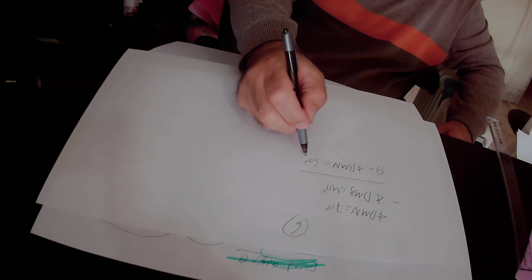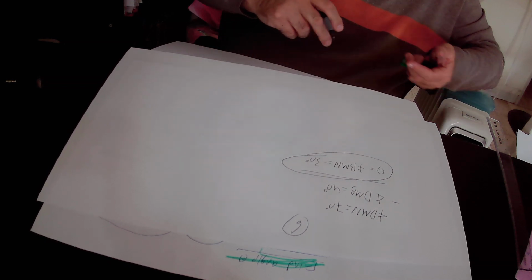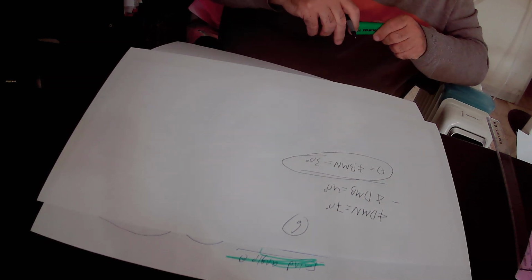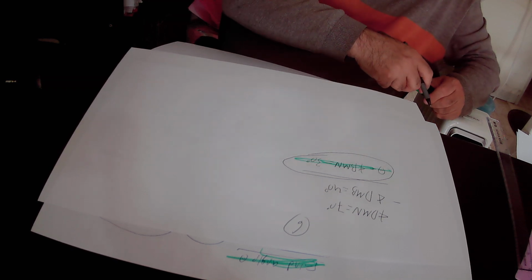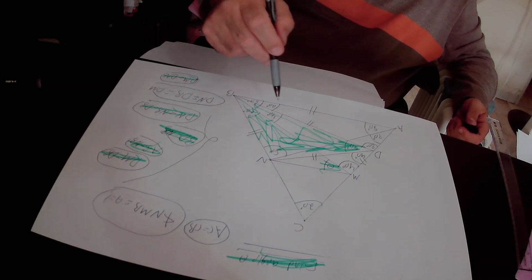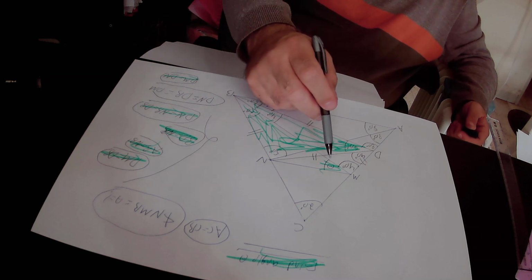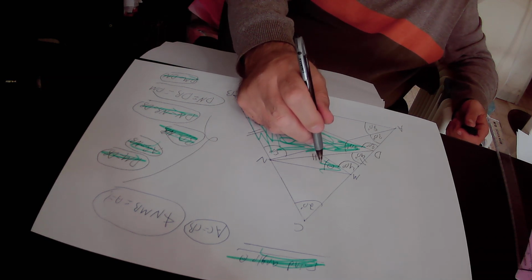So we found that the missing angle theta, the angle that we are looking for, is equal to 30 degrees. This is angle theta, which is also angle BMN, equal to 30 degrees.